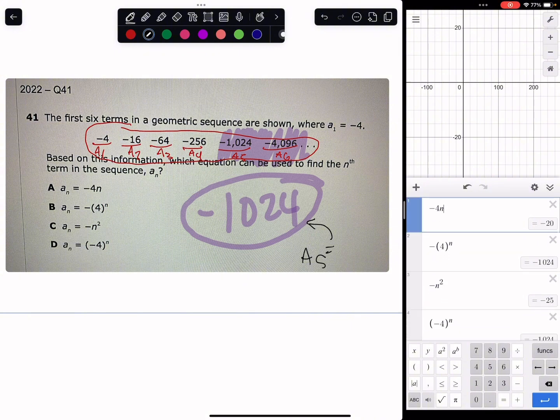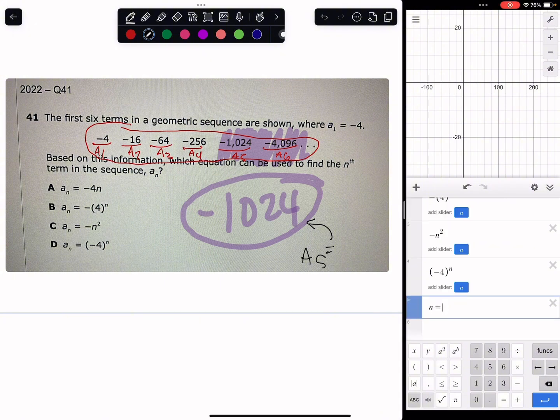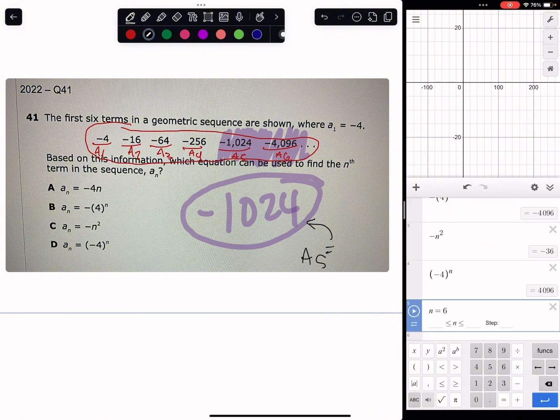Oh, not the top one, not the second one. Oh my goodness, there's 2 of them. So we got to try another number. So let's try 6. When you plug in 6, you should get negative 4096. And which one has negative 4096? The answer is going to be B.